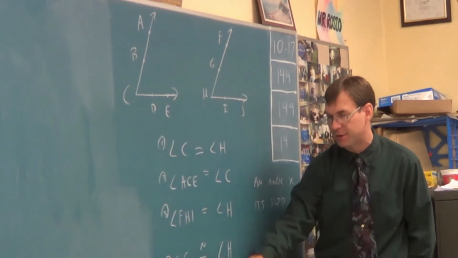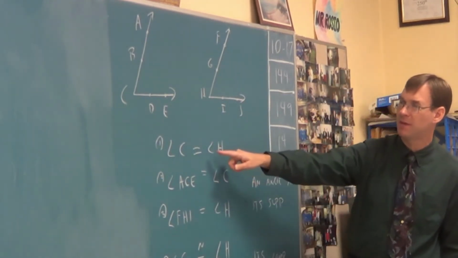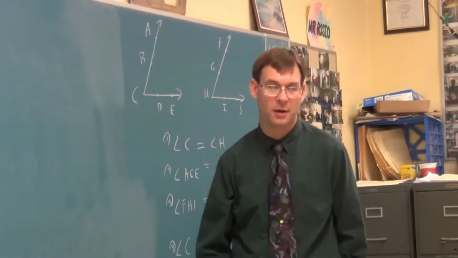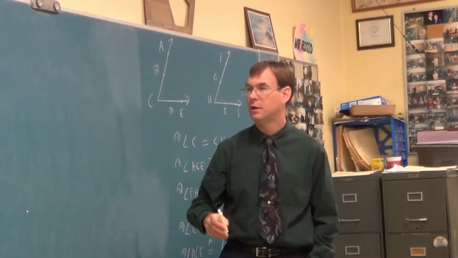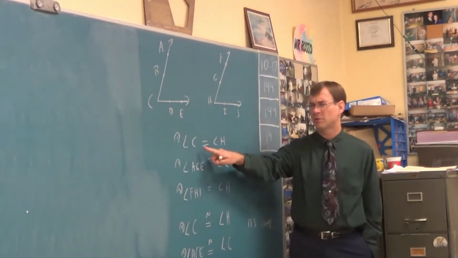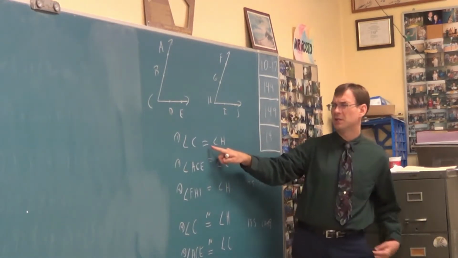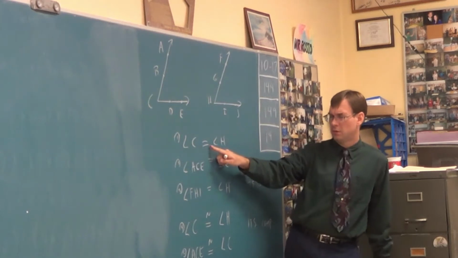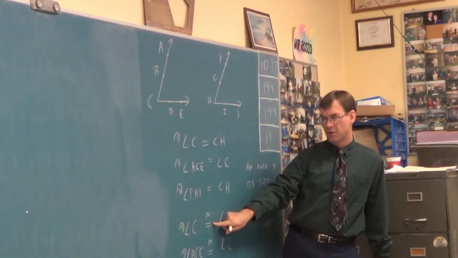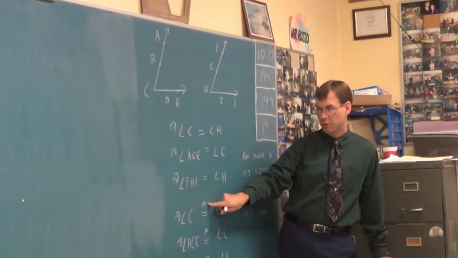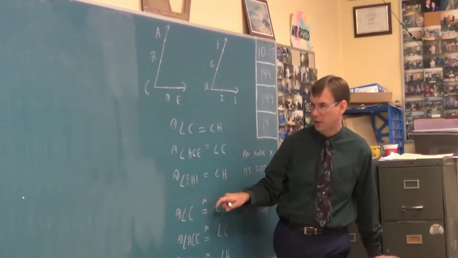But then I did some descriptions here where some of these things maybe are equal, some maybe are congruent, and we're going to try to make a verdict. So if you find angle C and you find angle H, is it better to say they're equal? Is it better to say they're congruent? And this is a congruent symbol. The congruent symbol is an equal sign with a tilde.